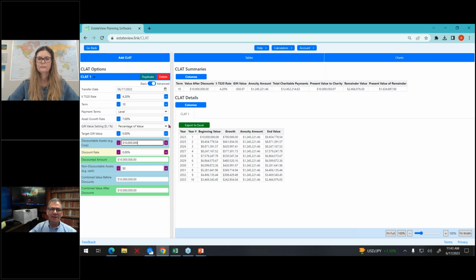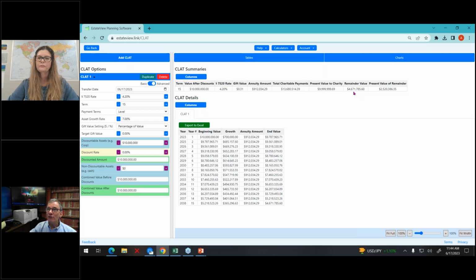So let's look at it for 15 years. Now I get the same $3,007,000 in federal income tax reduction from the 10 million deduction, and I get $4,006,000 back after the 15th year.